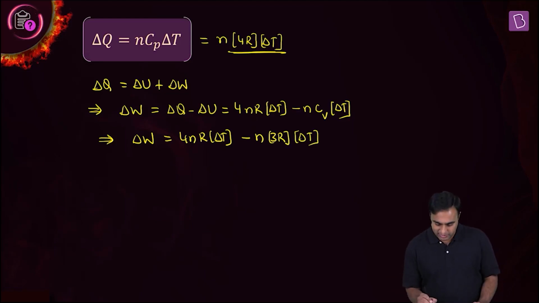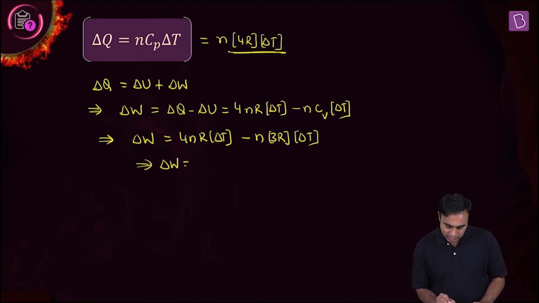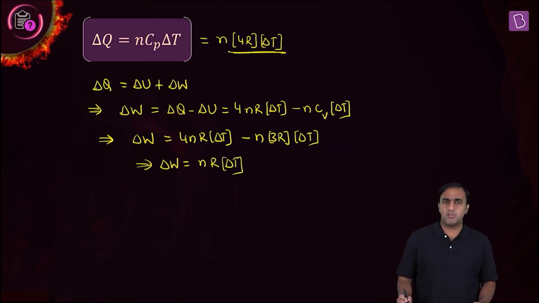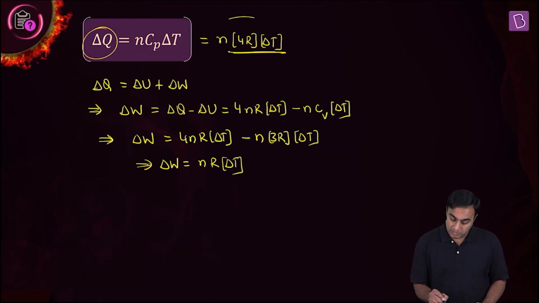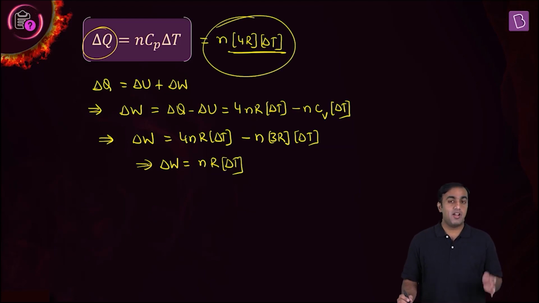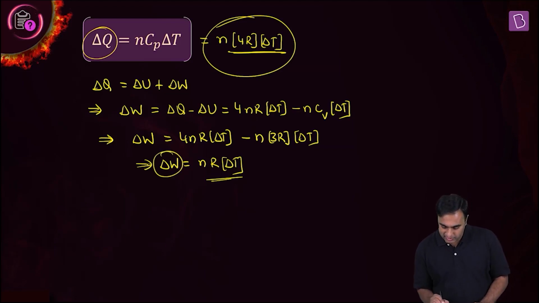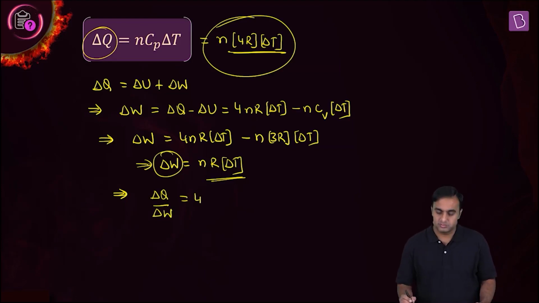Simplify this and you get delta W to be nR delta T. If you compare the total heat provided to the system, which is delta Q, which happens to be 4nR delta T, with the work done by the gas against the surroundings, which is delta W equals nR delta T, you will find that the ratio of delta Q to delta W happens to be 4.